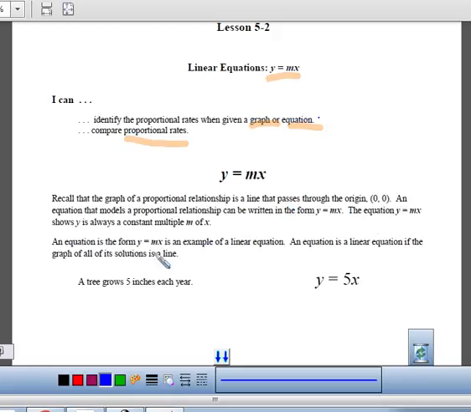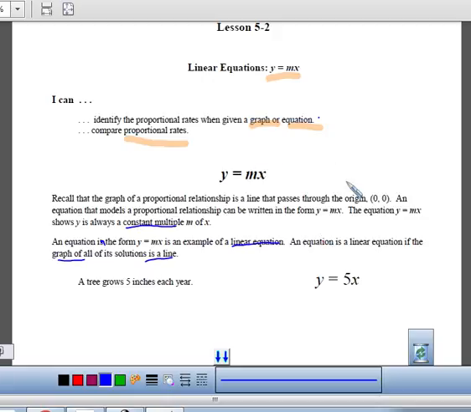The equation y equals mx shows y is always a constant multiple m of x. So an equation in the form y equals mx is an example of a linear equation. An equation is a linear equation if the graph of all of its solutions is a line.